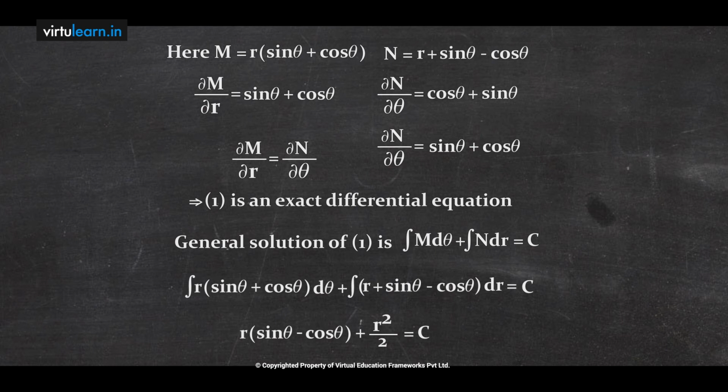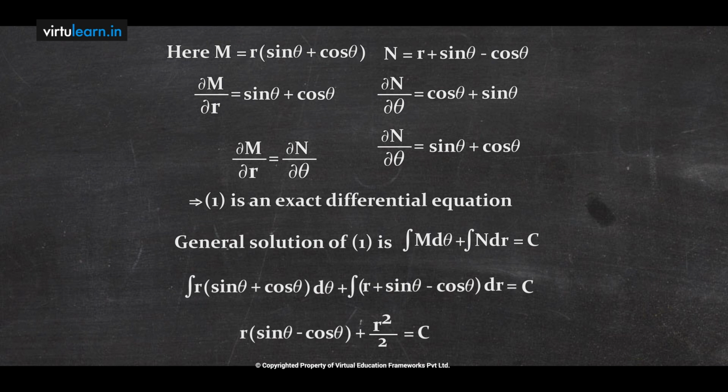Suppose ∂M/∂y is not equal to ∂N/∂x, then that is not an exact differential equation; it is a non-exact differential equation. If you have a non-exact differential equation, you convert it to an exact differential equation by multiplying with a suitable factor. That suitable factor is called the integrating factor.